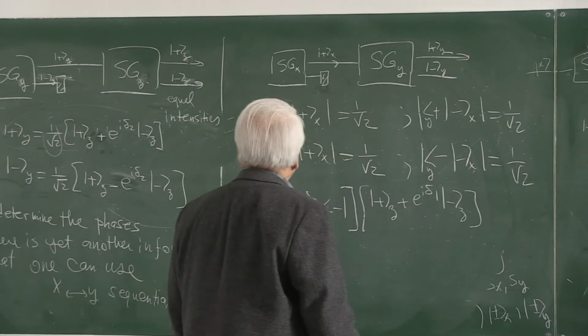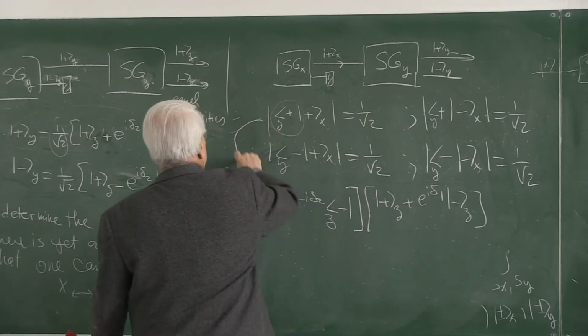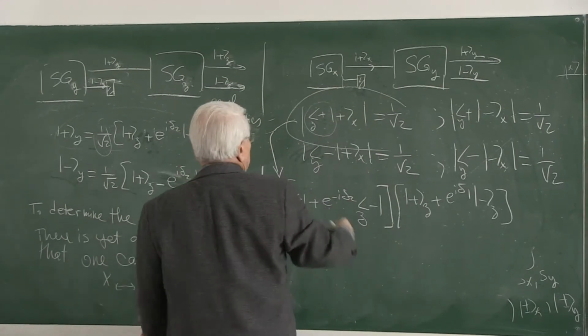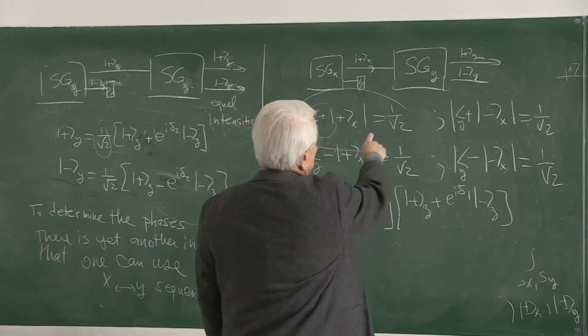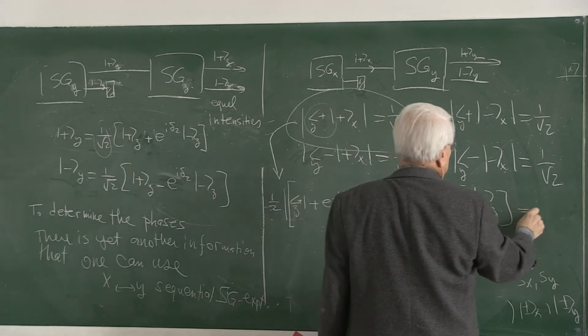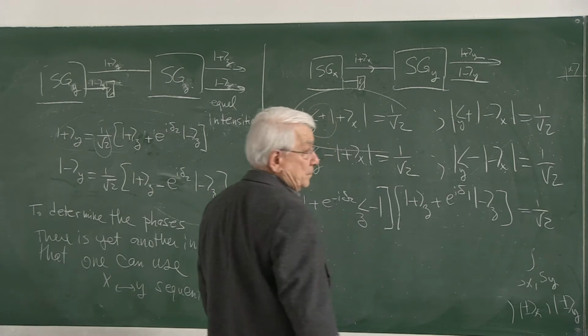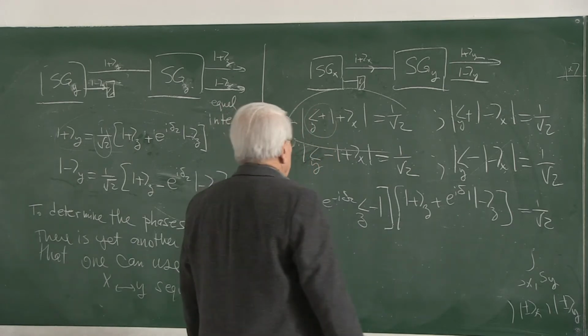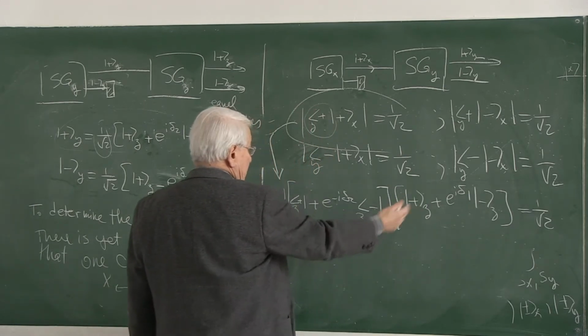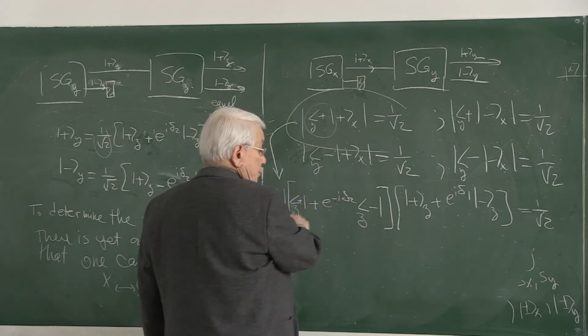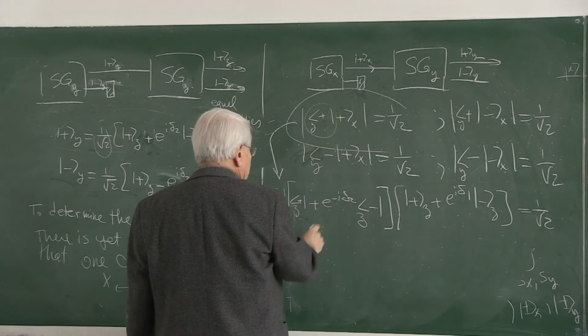Okay, I'm just writing the first one here. And there, it should be what? It should be 1 over the square root of 2, right-hand side. So what is this? Let me multiply them. Plus plus is 1, and there is this 1 over the square root of 2 that goes there.